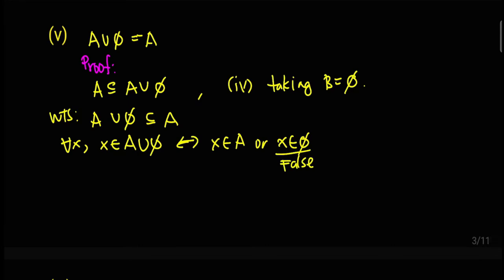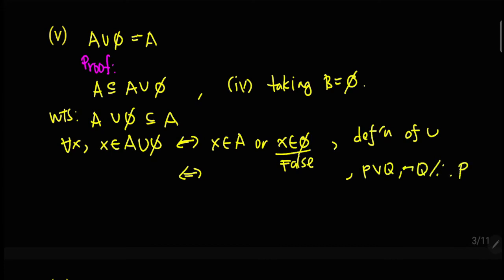So again, another rule in logic: disjunctive syllogism. The first statement is true because of the definition of the union. Now, using disjunctive syllogism, if you have P or Q, but not Q, therefore we have P. So since Q is not true, then it must be that x is in A.